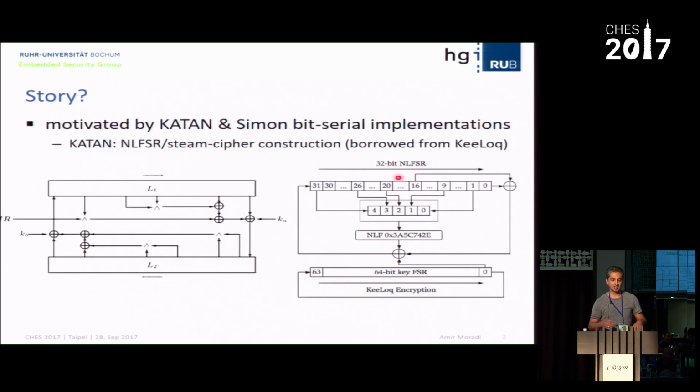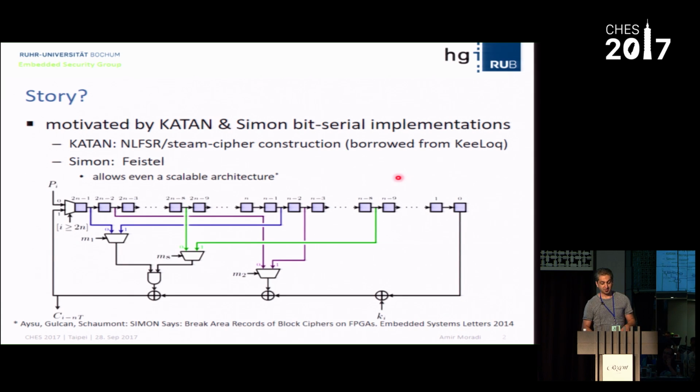This design was broken, and based on that construction and idea, the cipher Katan was developed, which follows the same construction: every clock cycle, just one bit or a couple of bits are updated, and everything is shifted. In the case of Simon and Speck, Simon has a Feistel architecture and allows a bit-serial architecture, again meaning that every clock cycle just one bit is updated and everything is shifted.